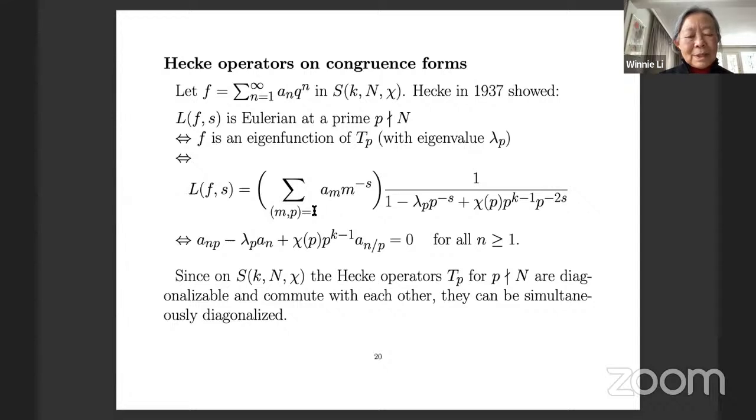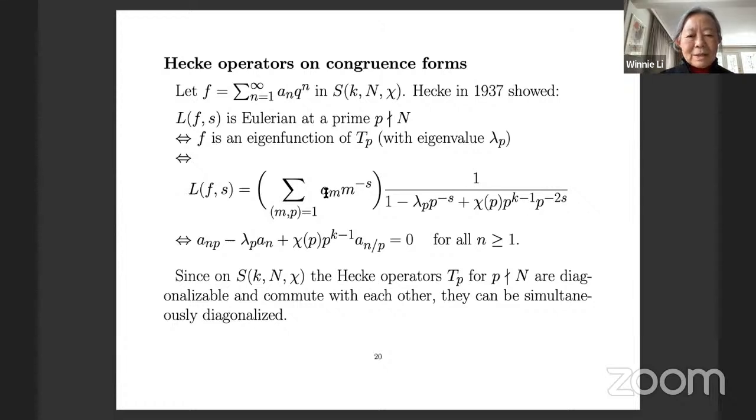So in other words, in the associated L function, we can separate the non-p part from the p part. And the p part also has a nice recursive relation: it's 1 over 1 minus lambda p, p to the minus s, plus chi(p) p to the k minus 1 times p to the minus 2s.